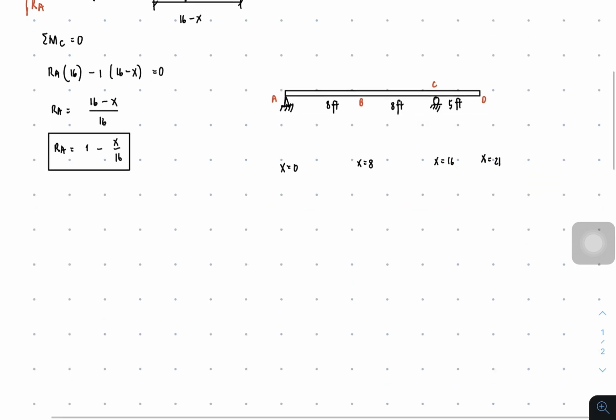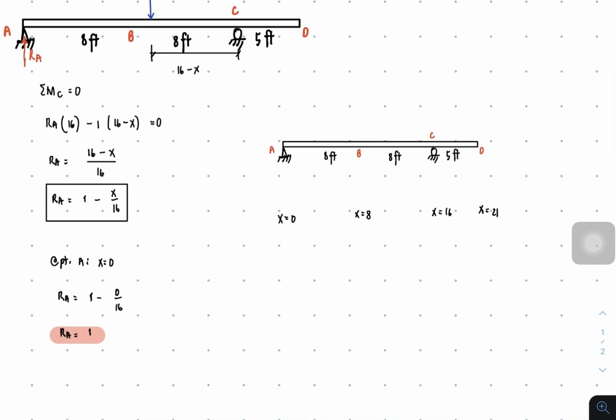Okay, so when at point A, X is equal to 0, therefore RA is equal to 1 minus 0 over 16. So RA is 1. So that's a coordinate.